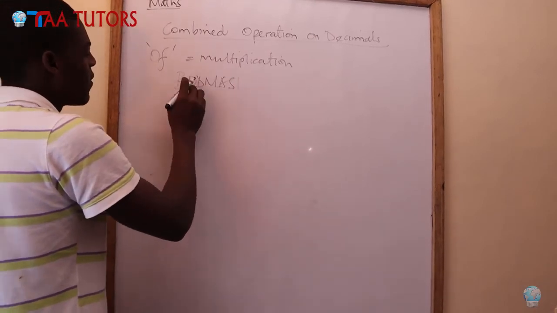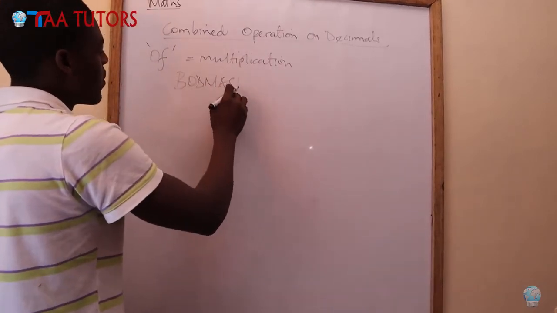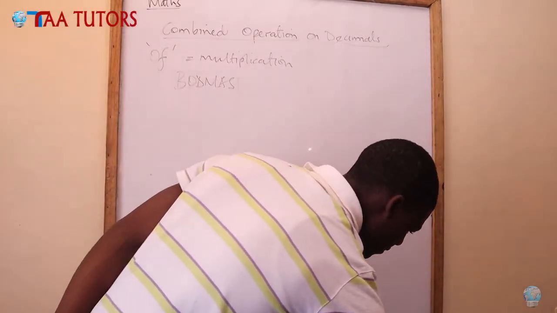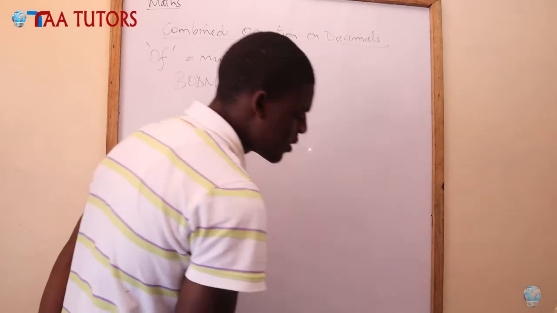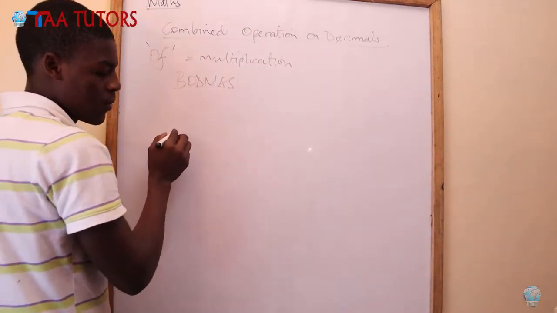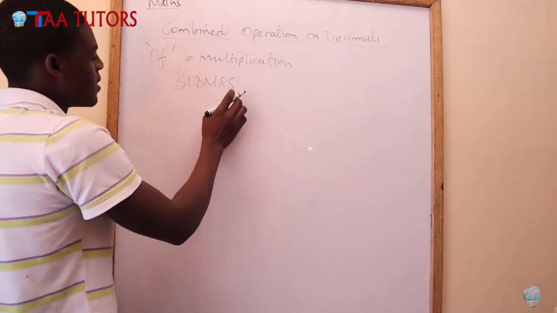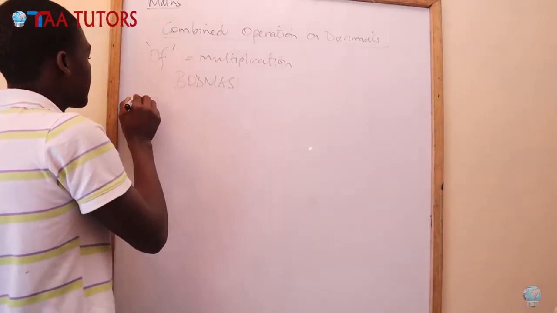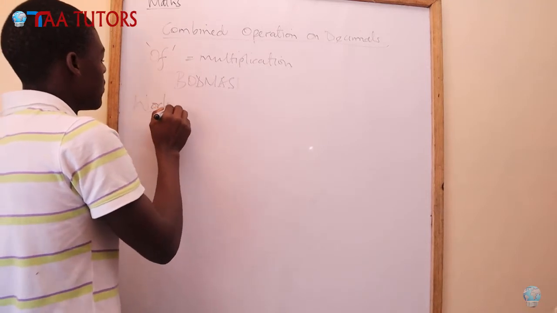It gives us an order so that when we do it correctly, we arrive at the same answer. It is combined operation. If there is no order, any person will get his or her own answer. So when we use BODMAS, it enables us to get a given answer which is universal.